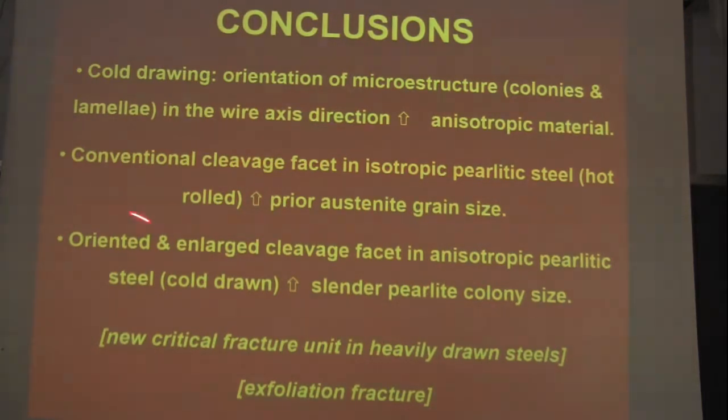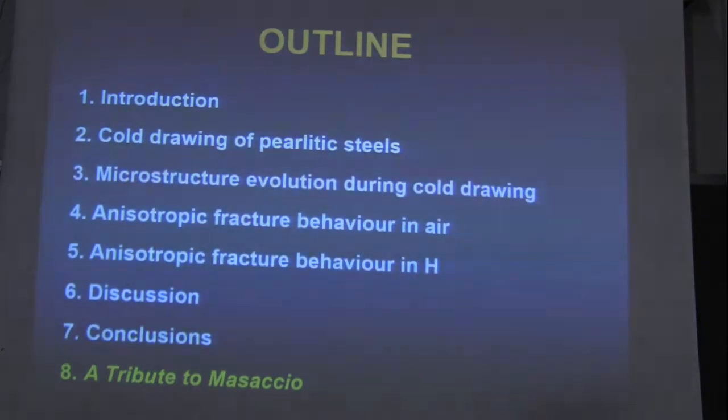With regard to oriented and enlarged cleavage facet in anisotropic pearlitic steel, heavily cold drawn material, we propose the slender pearlite colony size as the basic microstructural unit governing fracture. This is a new critical fracture unit in heavily cold drawn steels, producing again exfoliation fracture, a kind of debonding, typical of anisotropic materials, as Giovanna Gavetta suggested in pipelines. Any anisotropic material could produce this beautiful fracture.